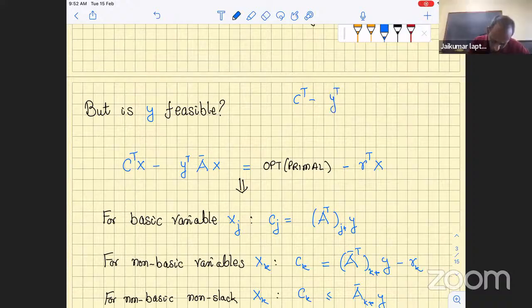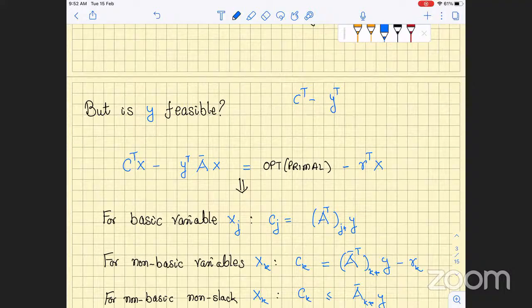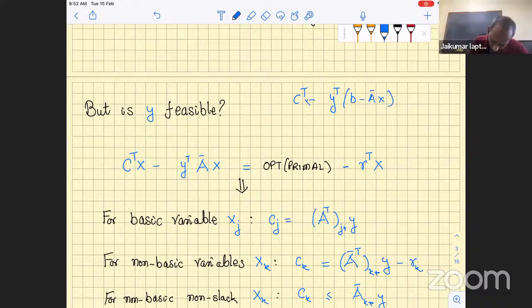And then B is transformed to A bar X because that's the condition.